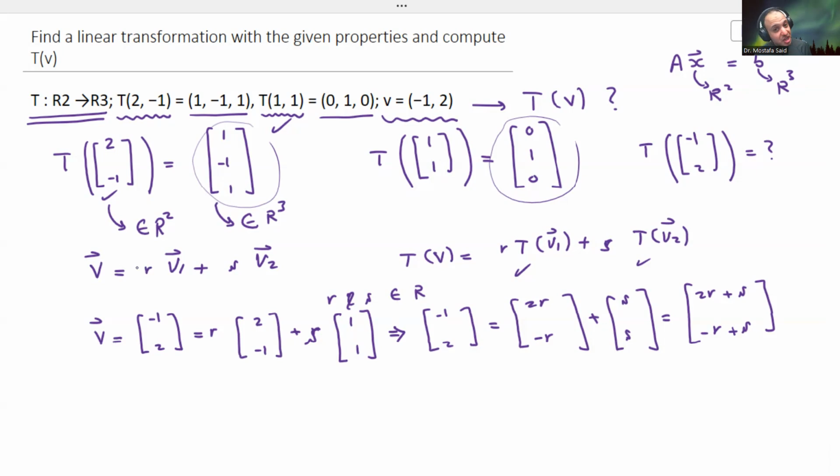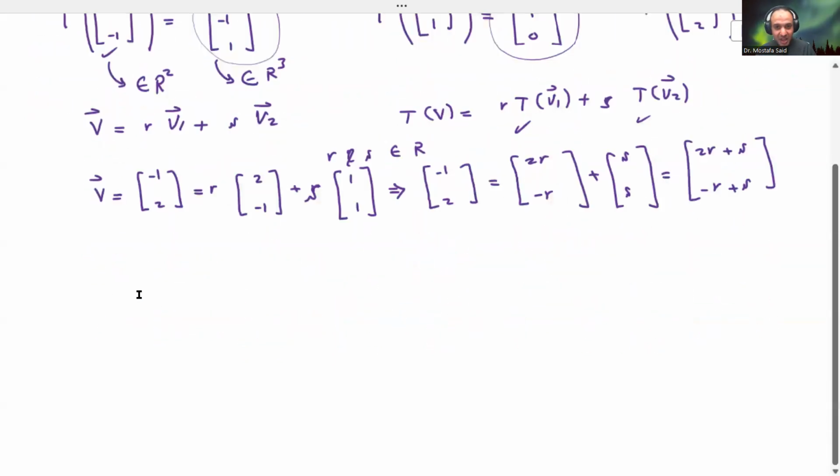So we have two equations and two unknowns. It's very simple to solve actually without doing Gaussian elimination, but let's do it with Gaussian elimination just to be compatible with the course. So we have this system of equations.